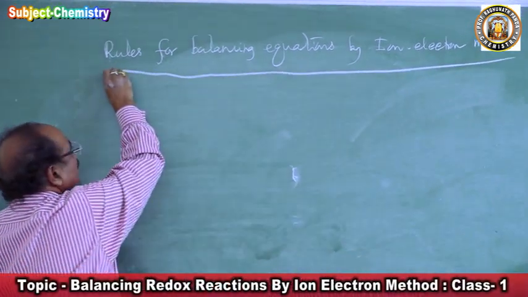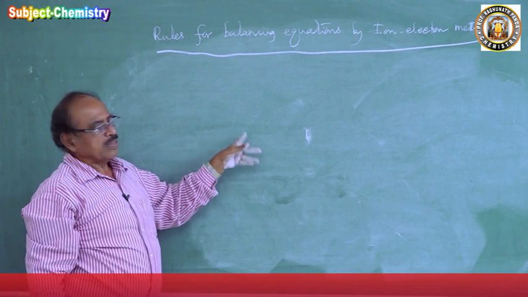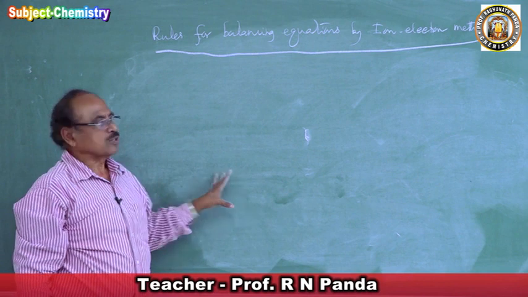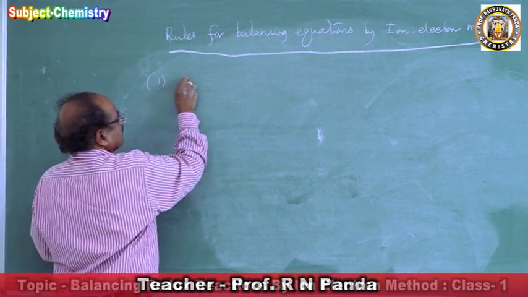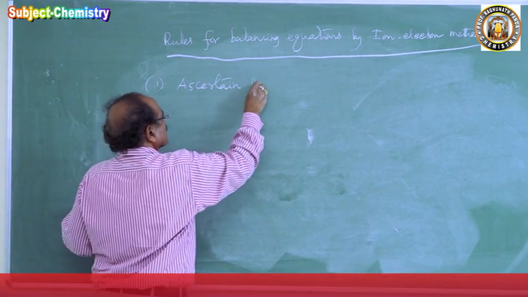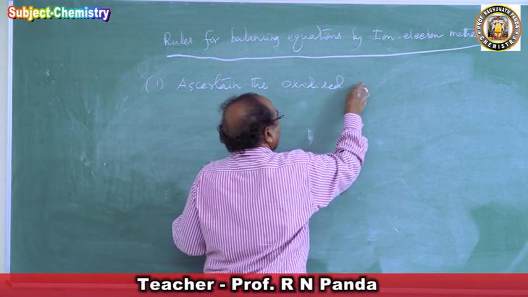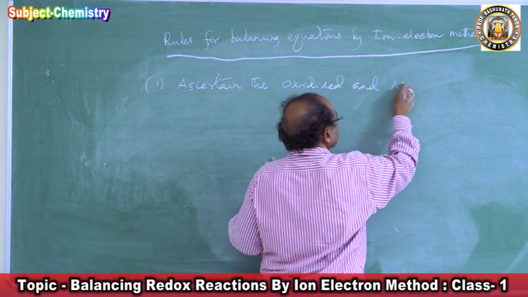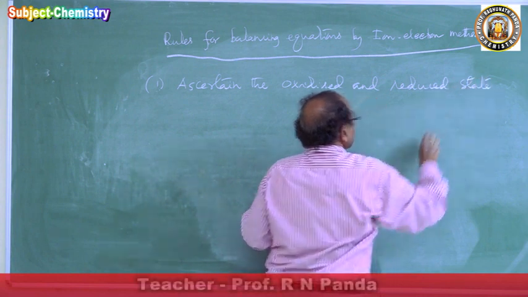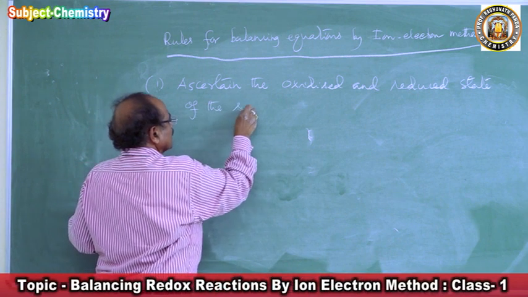So what is going on in this reaction? Oxidation is going on and reduction is going on. So what we did, we have to find out the oxidized and reduced state of the substances first. So first is ascertain the oxidized and reduced state of the substances.